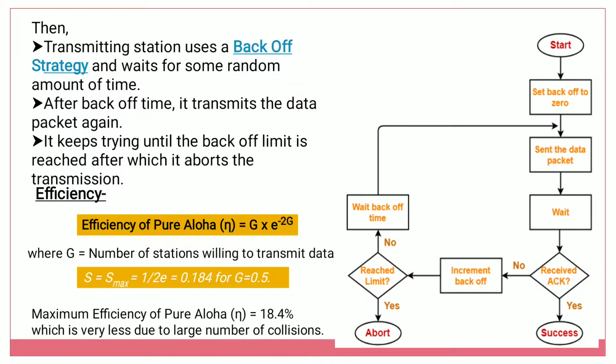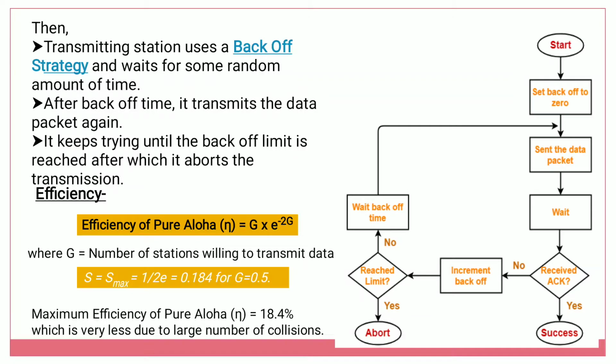And here is one flow chart for the working principle of pure Aloha. First, it will start transmitting the data, and next it will set the backoff to 0. Backoff means the random amount of time is set to 0. Next it starts sending the data packet, and after sending the data packet, the transmitting station is in a waiting state until the acknowledgement is received.